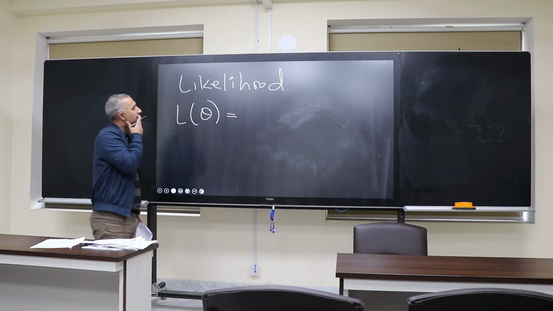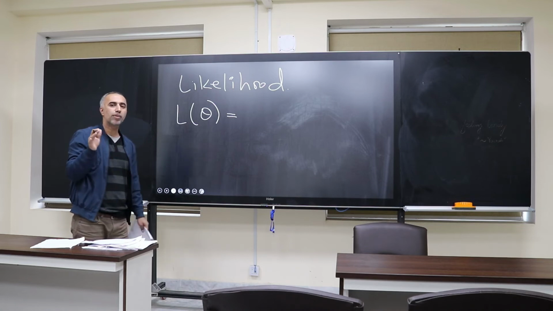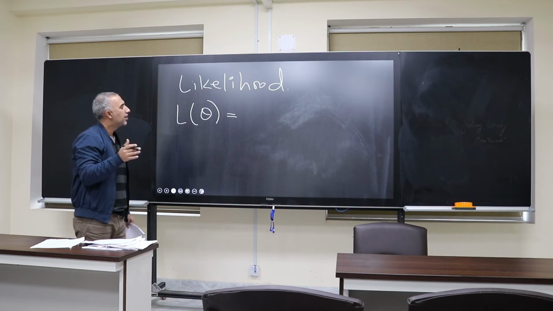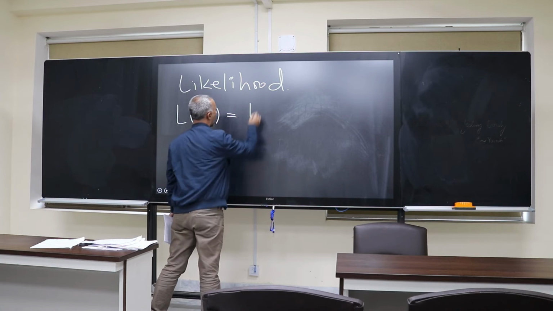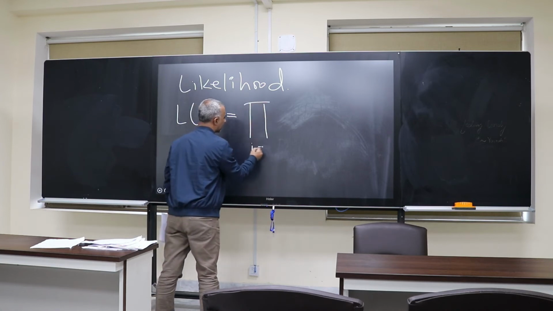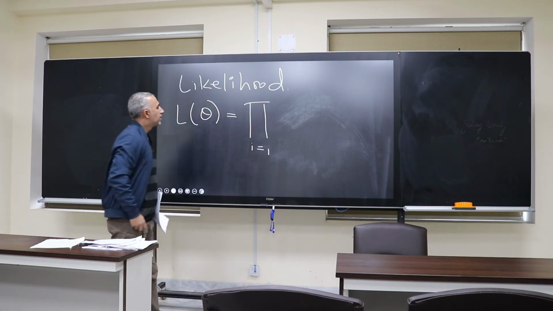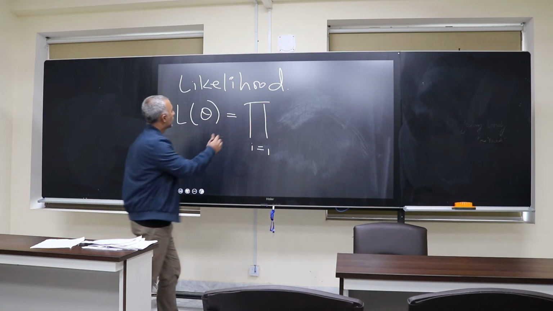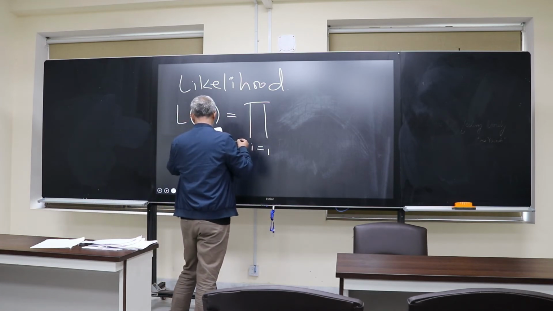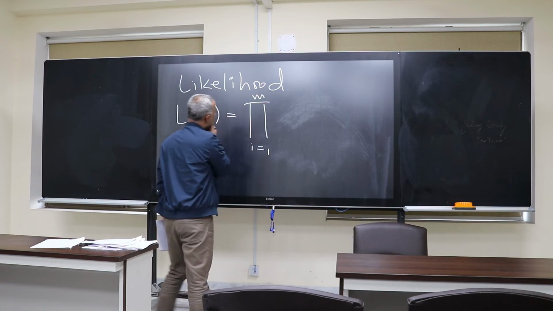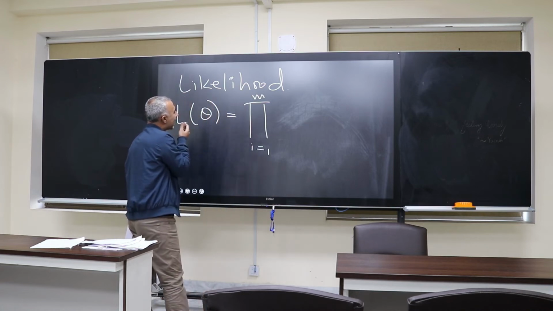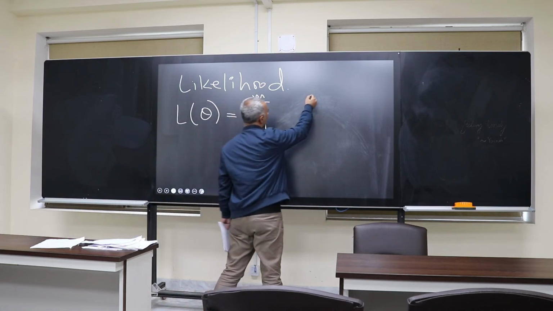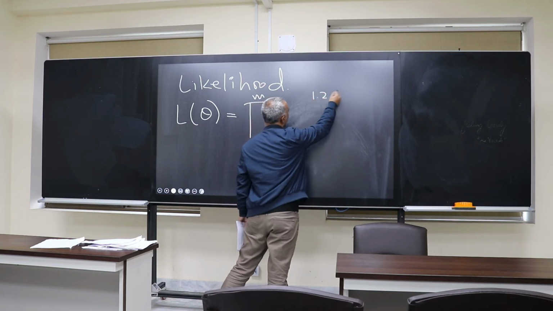If there are too many events, in case of likelihood we are considering the product of all the events. We are observing m number of examples. Product means we are multiplying 1, 2, 3.